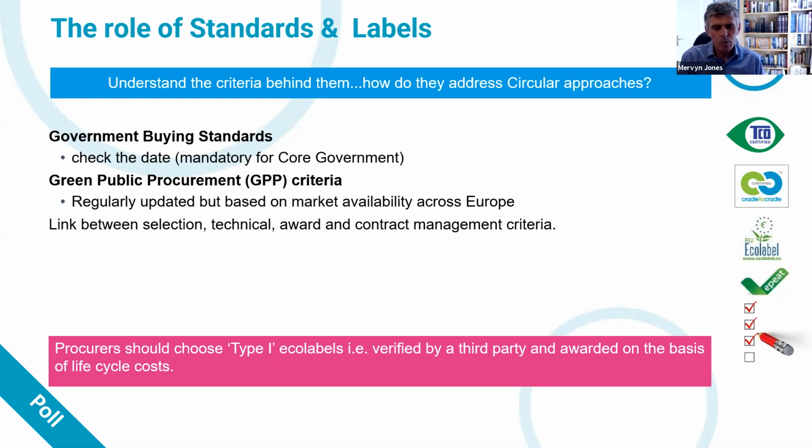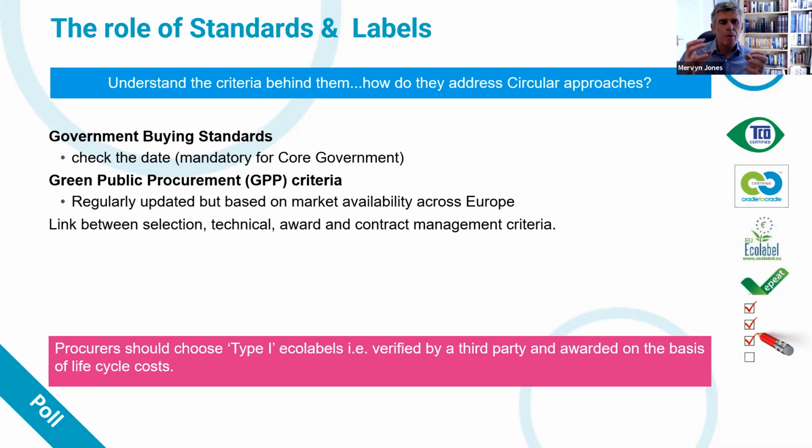Type 1 eco labels, hopefully most of you, if not all of you, are going to be familiar with these, but these are third-party accredited labels. And again, there are strengths and weaknesses with that. Type 1 eco labels cost, so inevitably there's a cost borne by somebody within the supply chain, if not by the customer.